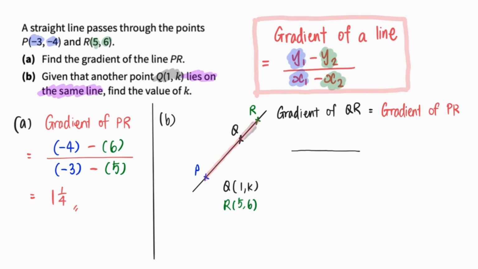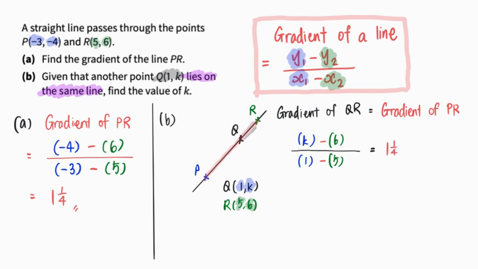So x1, y1, x2, y2. So K minus 6 over 1 minus 5 will be equal to that same 1 1/4.